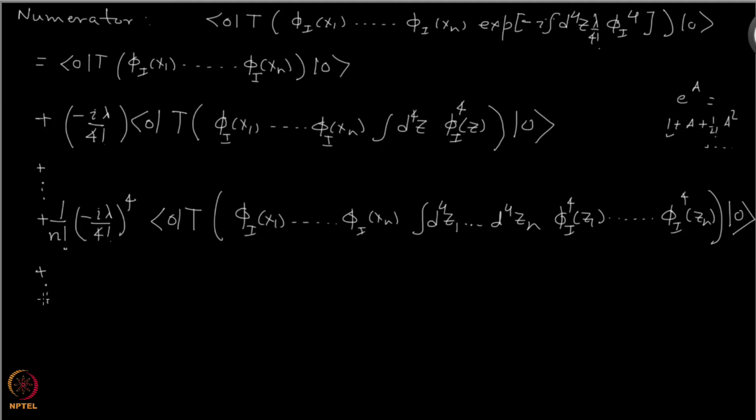So if we are interested in calculating these objects, the numerator, to some accuracy in lambda, let's say I am interested in calculating this object to order lambda, then I will just calculate the first term here and the second term. But if for some reason I am interested in going up to order lambda squared, then I will calculate the first 3 terms.